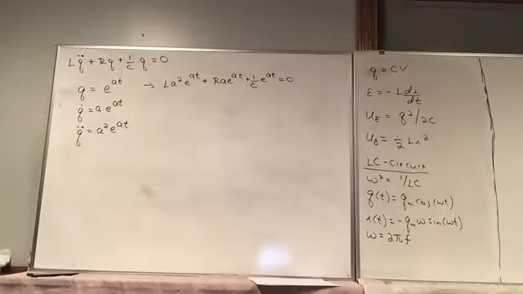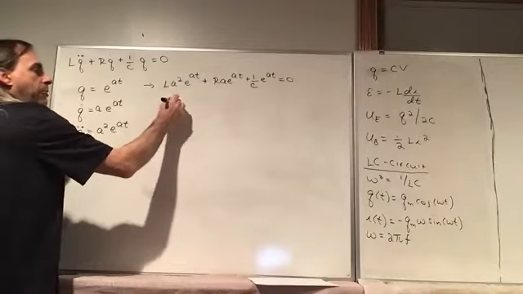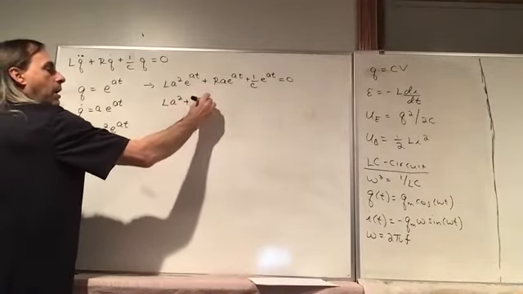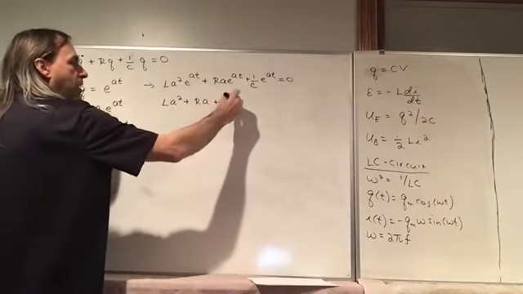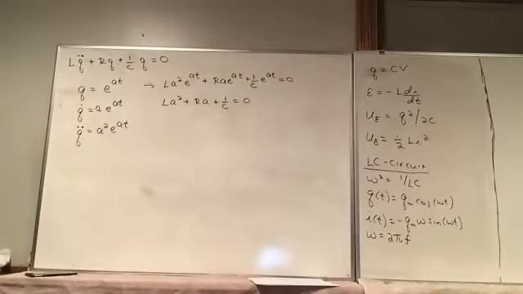And we can do that because e to whatever power is not going to be equal to 0. So we don't have to worry about that. So basically we have an algebraic equation here. L a squared plus R a plus 1 over C equals 0. That's just a quadratic equation.